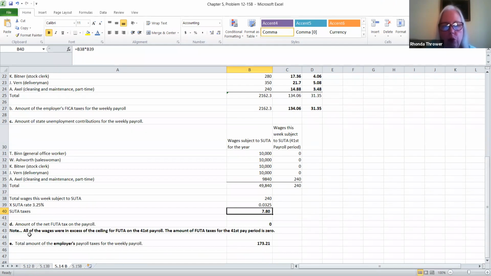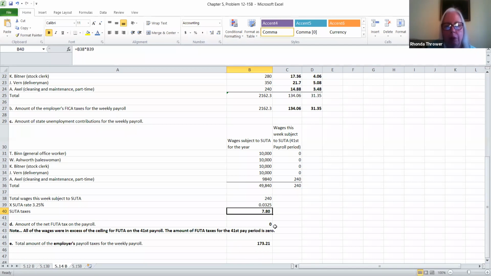They also want you to calculate the amount of the net FUTA tax on the payroll. And the net FUTA tax rate is 0.6% on the first 7,000 of wages. And so you can see here where I calculated it on the 41st pay period, all of these went above 7,000.